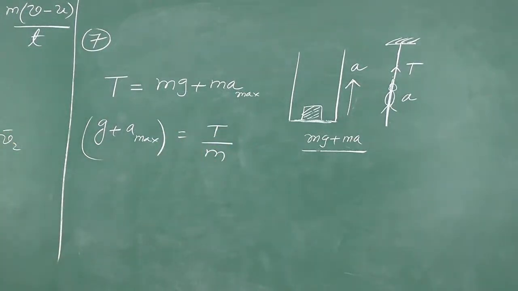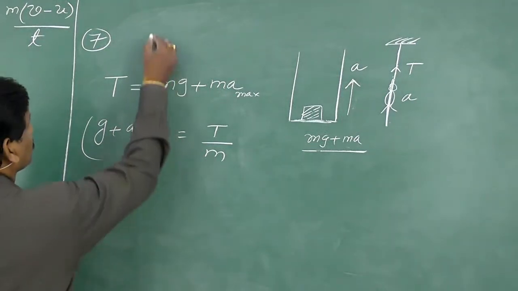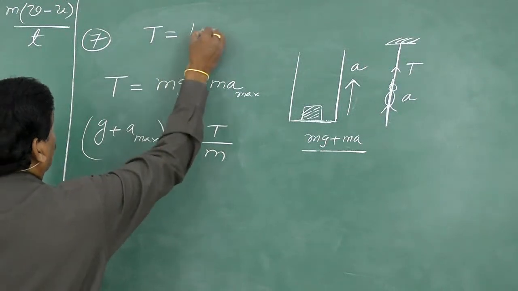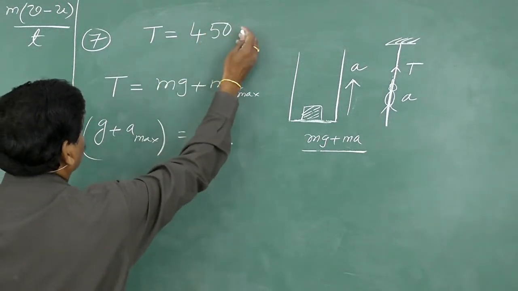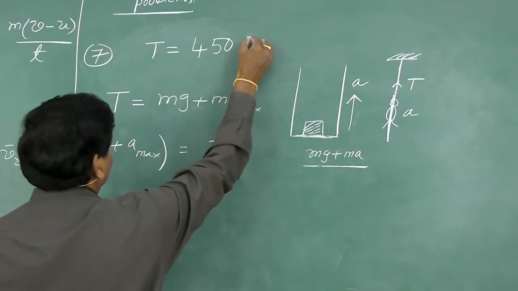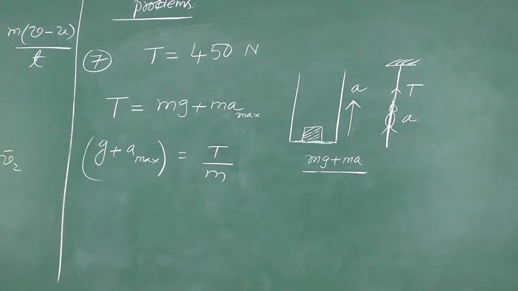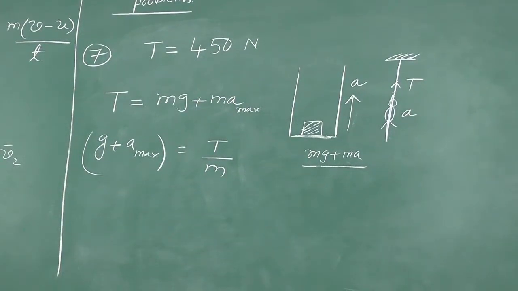Here T is the maximum tension that the rope can bear. So, here the rope bears 450 Newton. That means the maximum tension produced in the rope without breaking is 450 Newton.